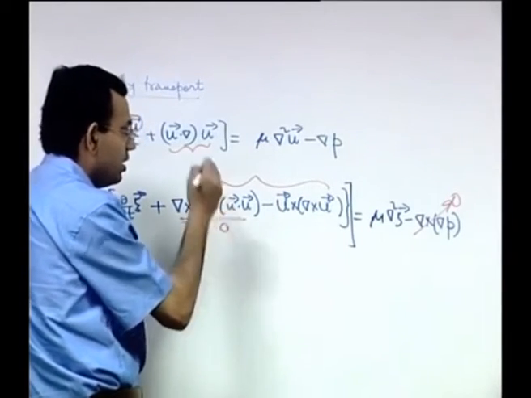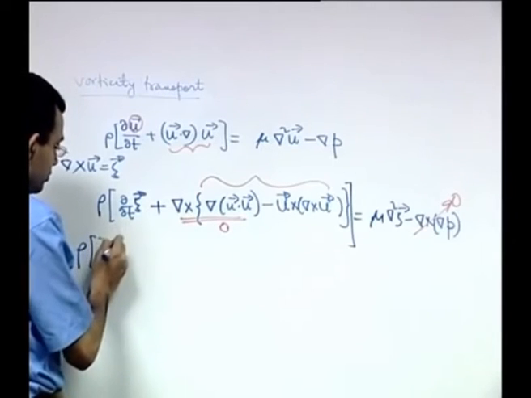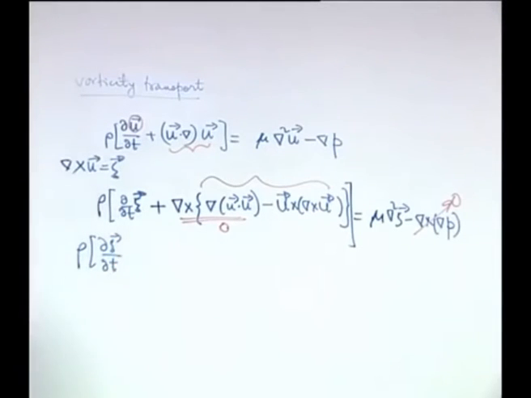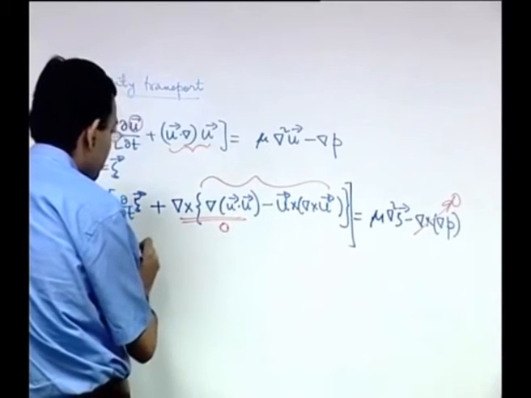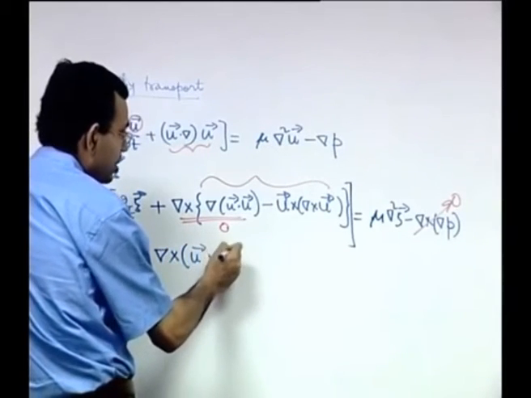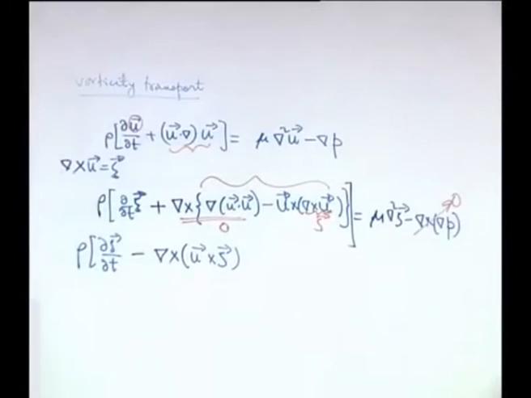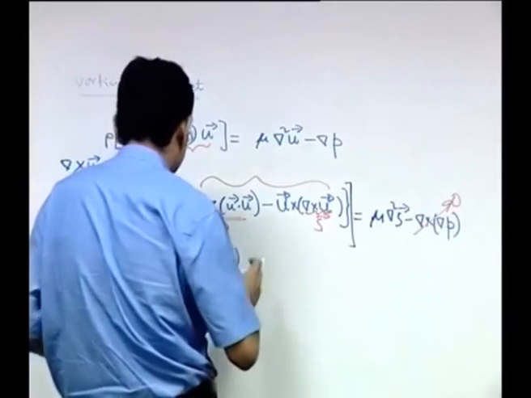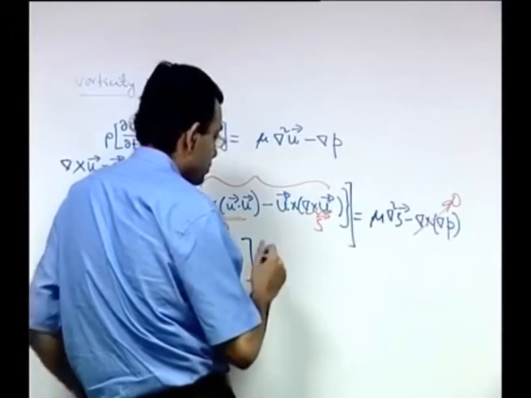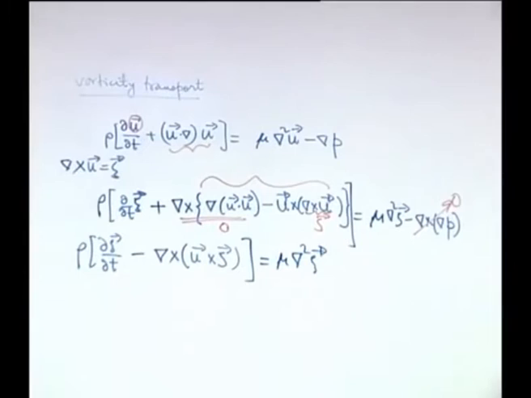So that will also be null, and hence you will get rho, minus del cross u cross zeta, because del cross u is zeta, is equal to mu del squared zeta.